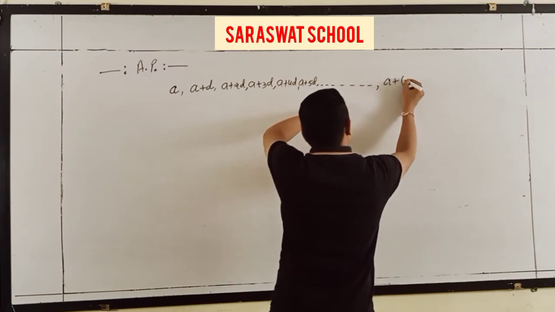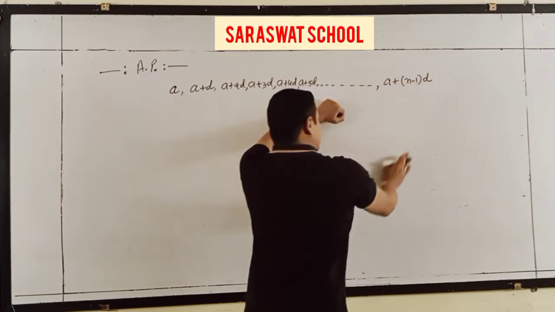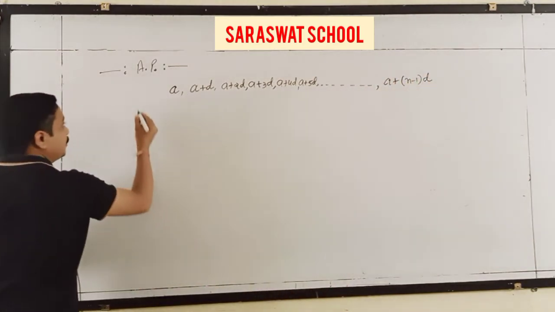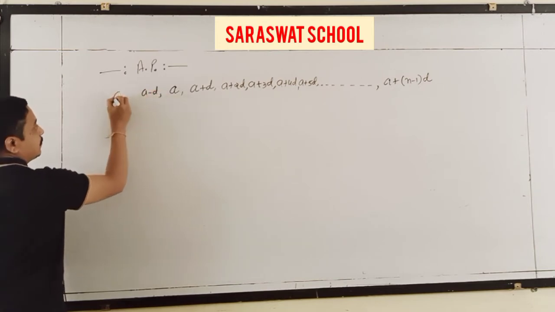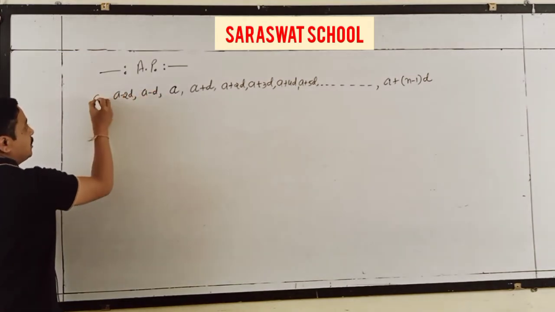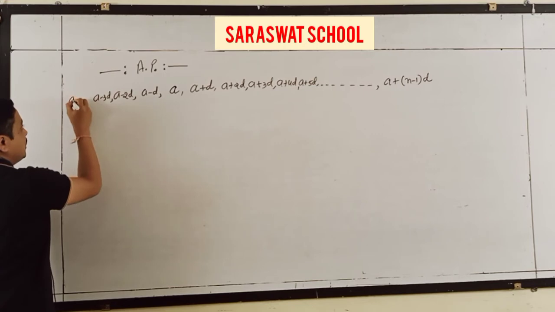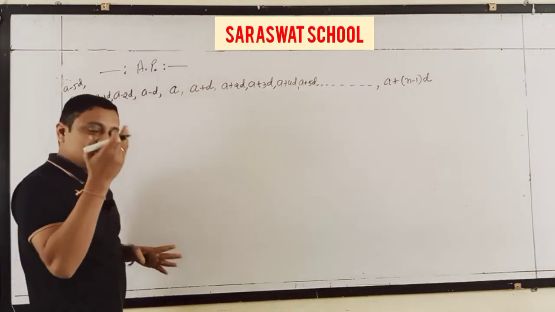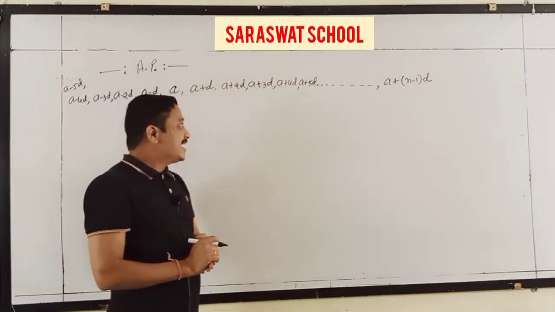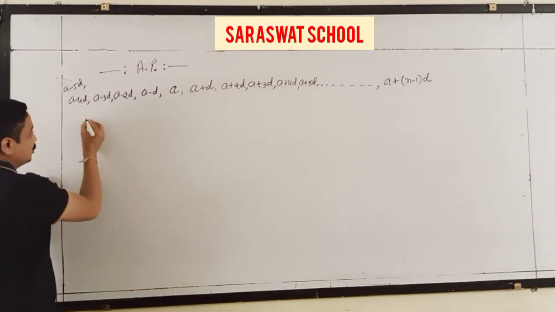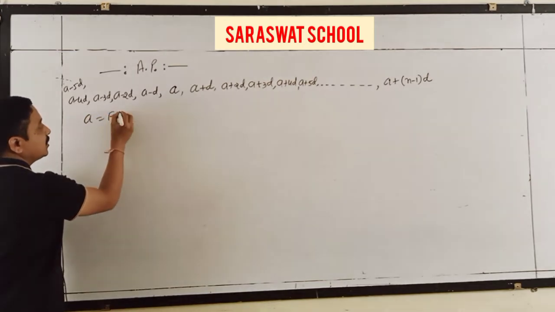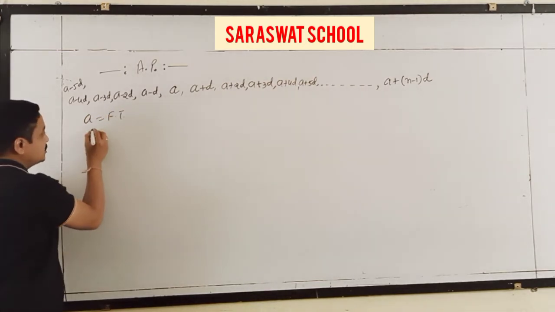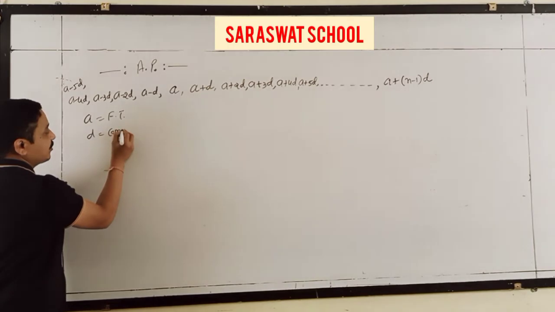Last is A plus n minus 1 D, and this side also known: A minus D, A minus 2D, A minus 3D, A minus 4D, A minus 5D, till last. Yes. Now in these portions you know that A is what? First term. D is what? Common difference.